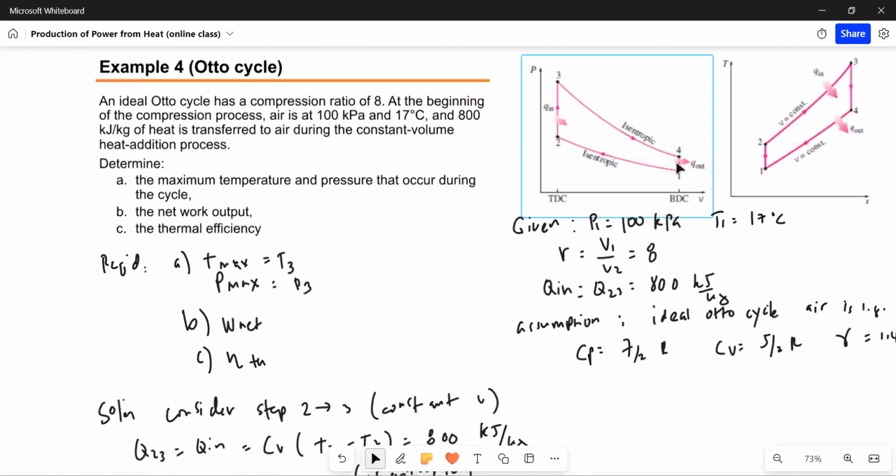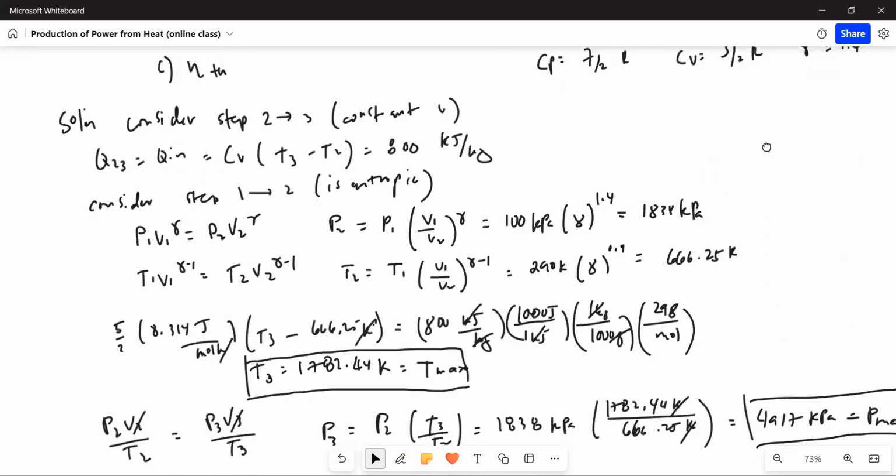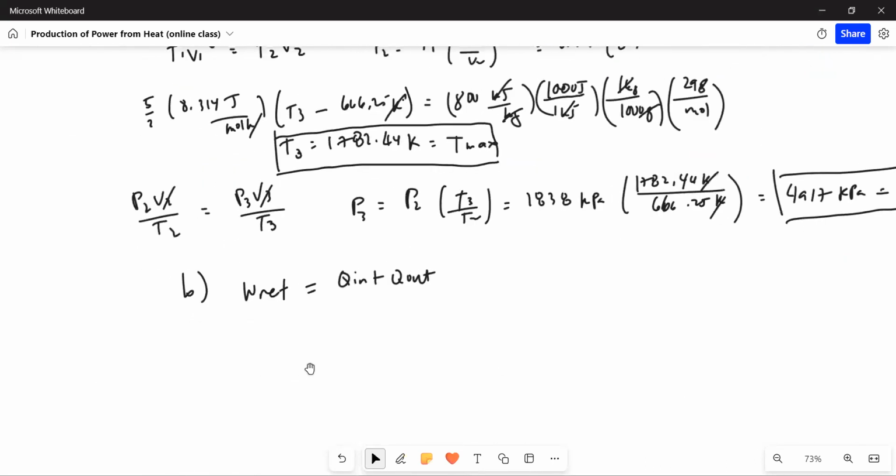Right, Q out. So what do we know about the process where Q out happens? It's 4 to 1. It's an isochoric process. And therefore, if it's in a closed system and it's an isochoric process, Q out is Q4 to 1, and it's CV delta T. So it's CV times T1 minus T4.